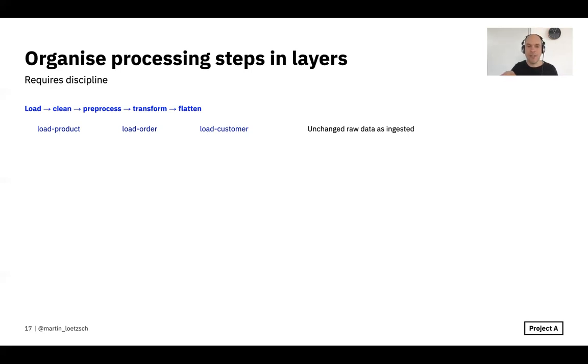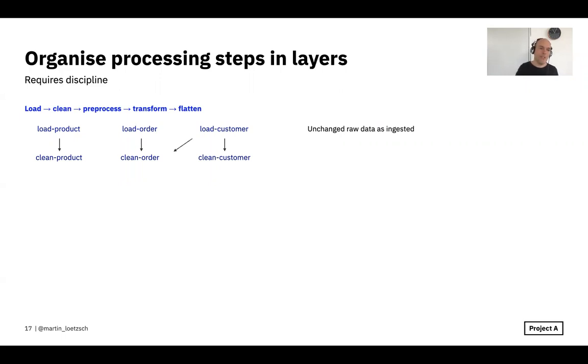So how they arrive there doesn't matter. It can be via a direct copy, it can be via change data capture, or via event streams and so on. Right, but you basically have tables then in your processing that are an exact copy of the raw data that you have.